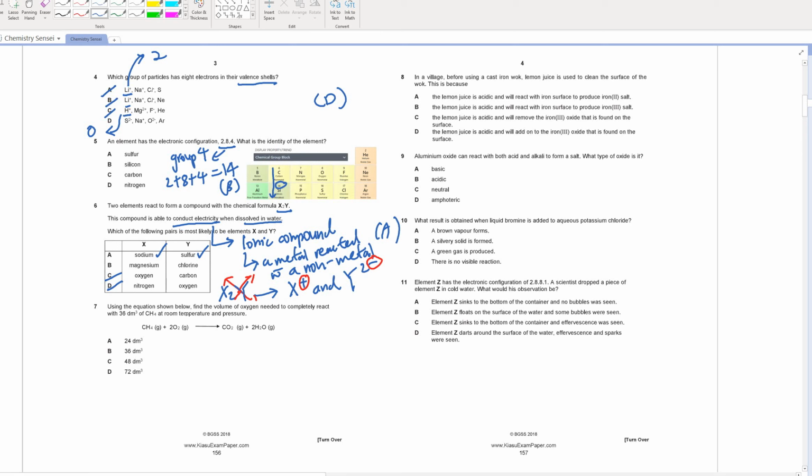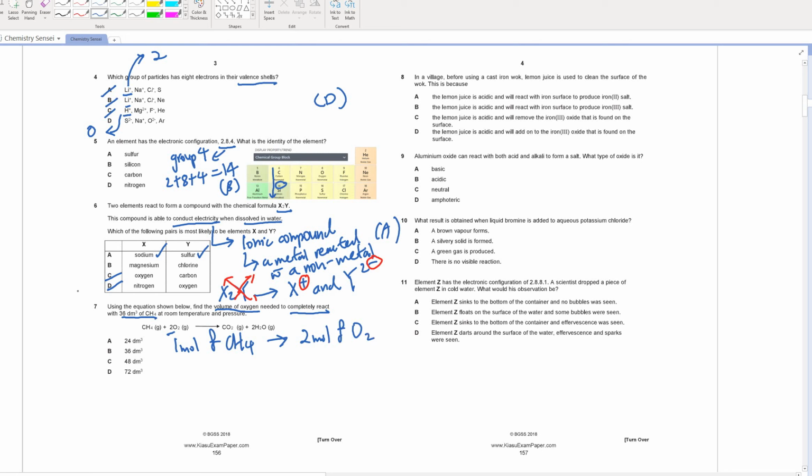Question 7. Using the equation shown below, find the volume of oxygen needed to completely react with 36 dm³ of methane at room temperature and pressure. Okay, so over here we know that it will take 1 mole of methane to completely react with 2 mole of oxygen.